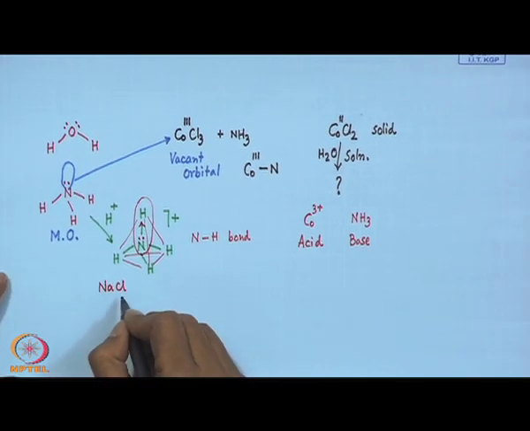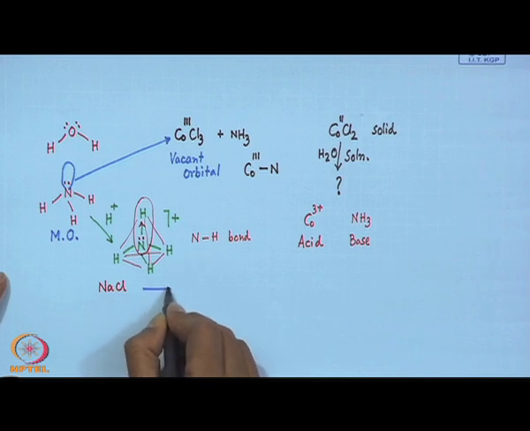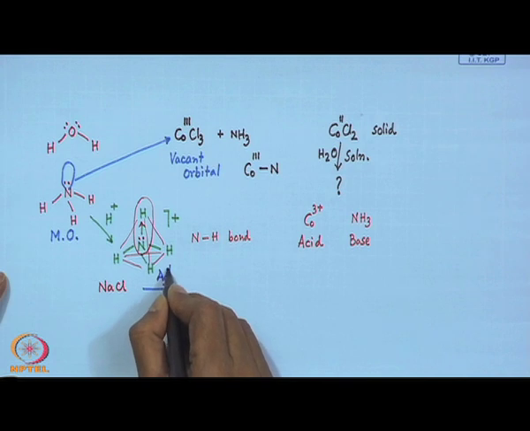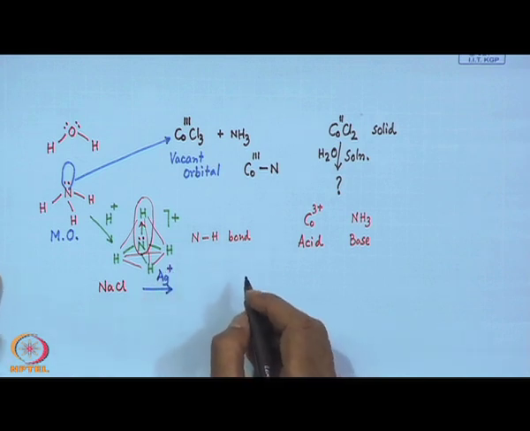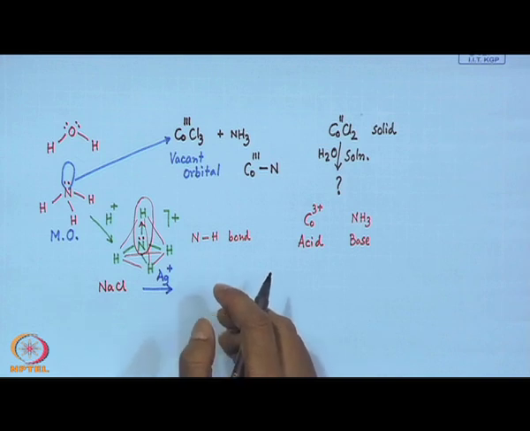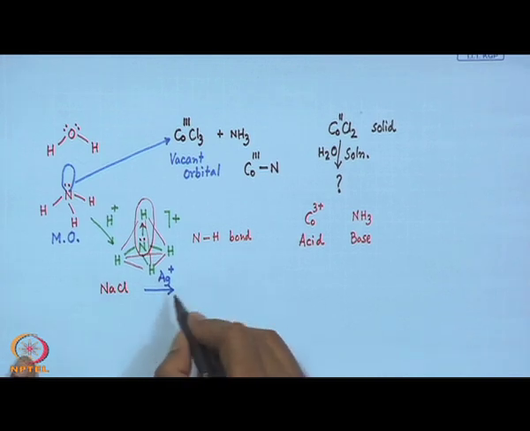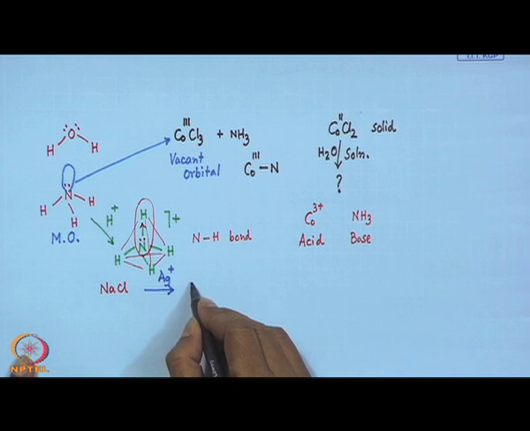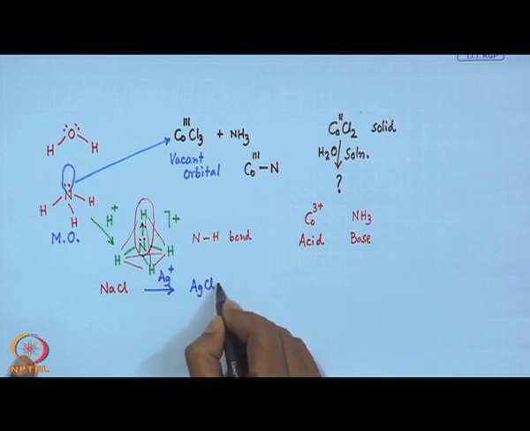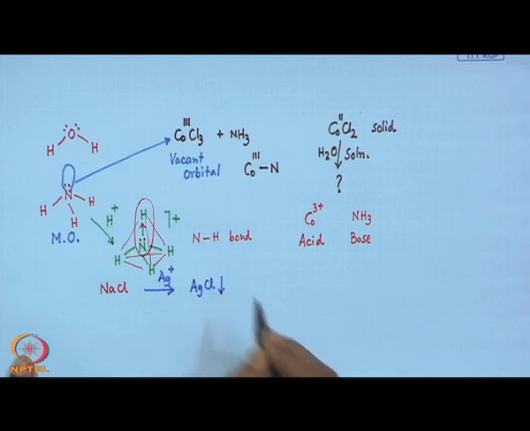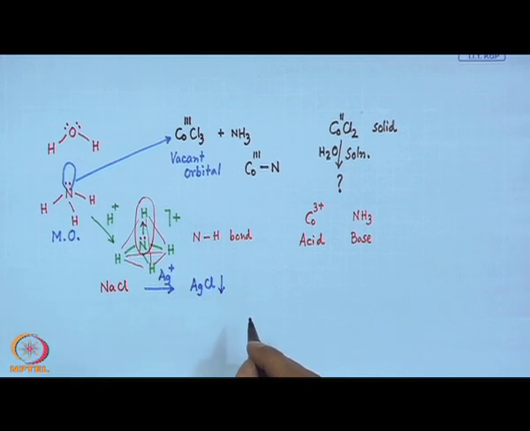This Cl minus present in sodium chloride can be identified very easily by the addition of silver nitrate, which has Ag plus, and that Ag plus will react with sodium chloride forming AgCl as its corresponding white precipitate.